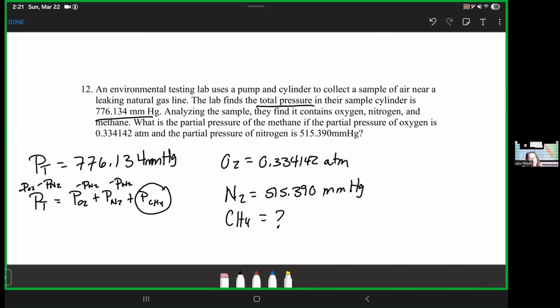But these all have to be in the same units. So you can either convert this ATM to millimeters of mercury or convert your millimeters of mercury to ATM. I'm going to do the ATM to millimeters of mercury because that's only one conversion. So I have 760 millimeters of mercury for every one ATM. I get 33. That's not true.